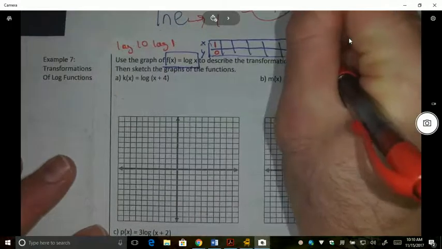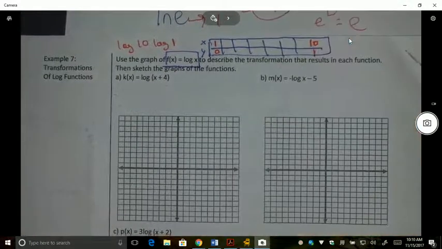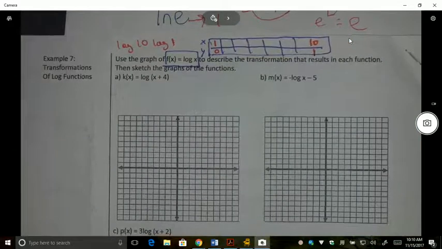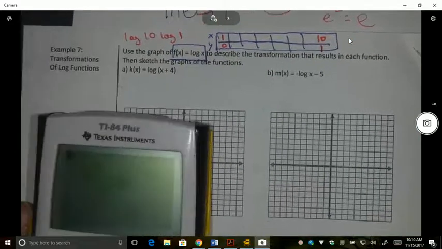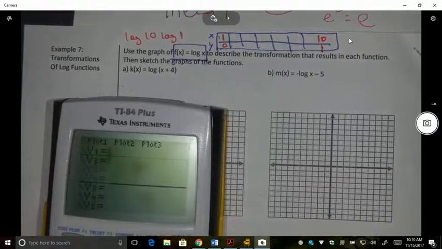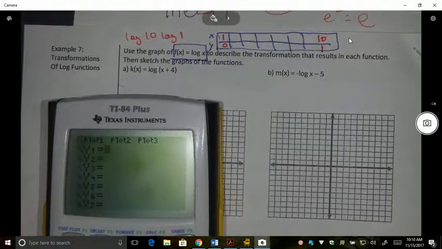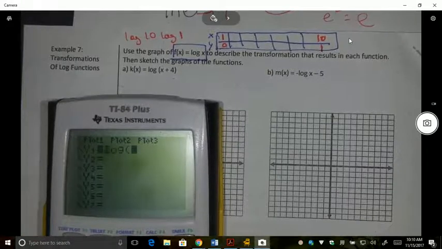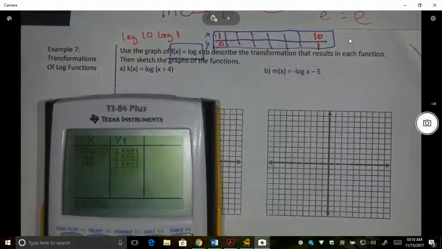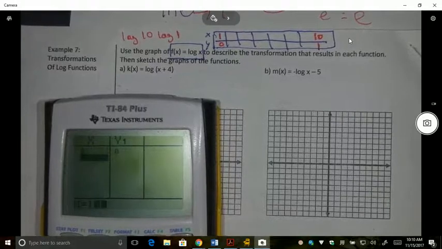I'm going to do my x value as 10 at 1, because we don't have a graph more than this unless I want to change the scale, and I don't really want to do that right now, not with transformations. So I'm going to go to this table in my calculator, and I'm going to put in log of x. I'm just going to verify that 1 is 0, which it is, and 10 is 1.